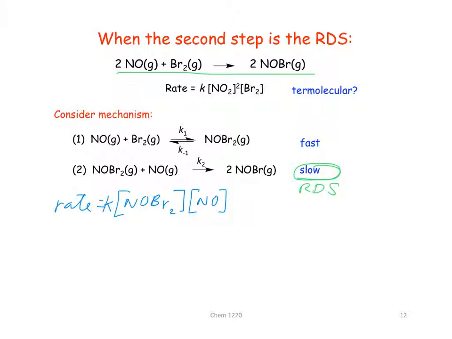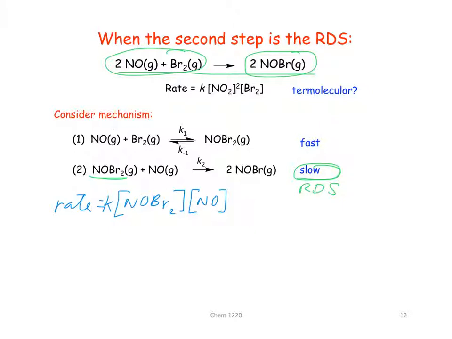Okay, so if we look at these two reactions, what we're really trying to do is go from these two species to this product. And what role is this NOBr2 playing in this reaction? Does it show up in the balanced equation at the top? No, it doesn't show up there. So what role is it playing? It's an intermediate, exactly right.